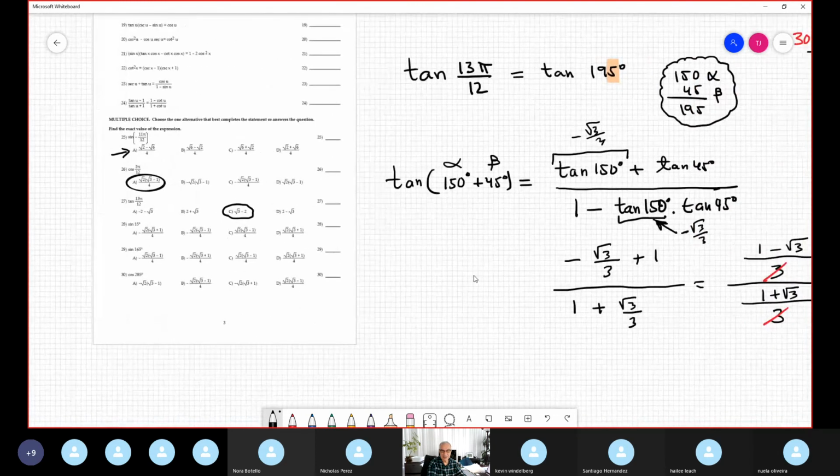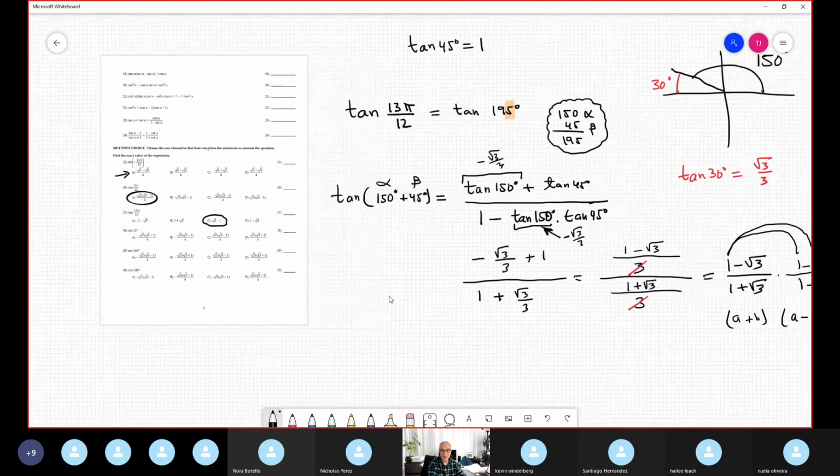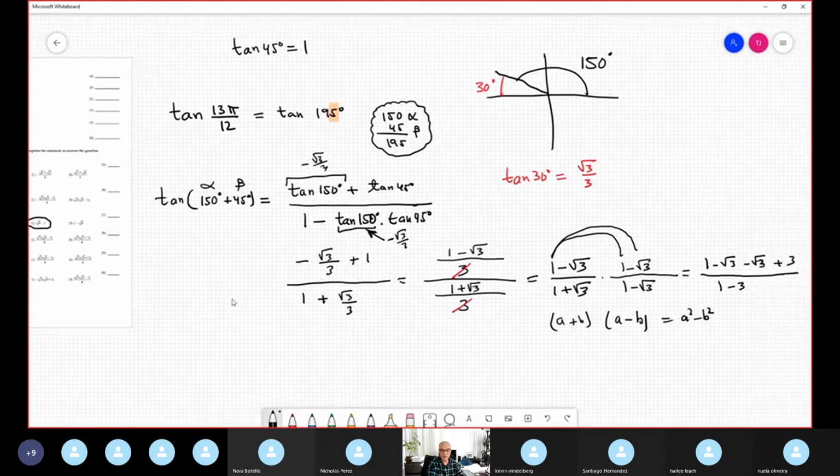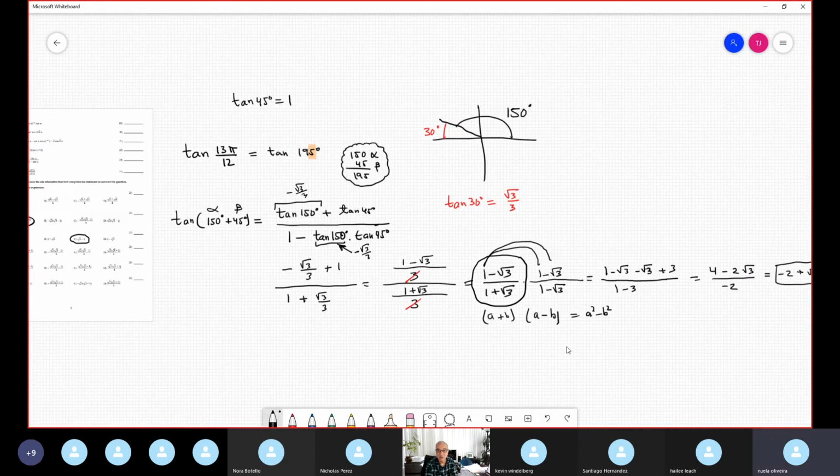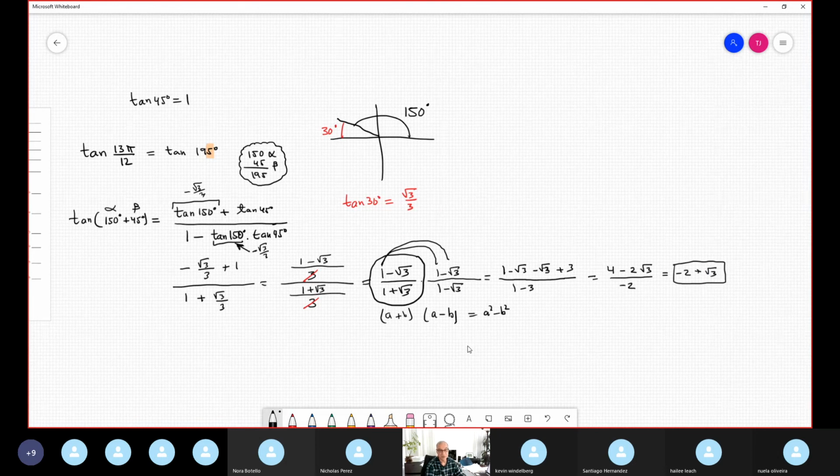Rationalization is no mandatory operation. It's only to see more clear. Do you see that this is ugly? And this is nice. Yes or no? Yes. You see the difference? So you know the algebra, you can do that. But no, if you leave it like that, 100 points for you.